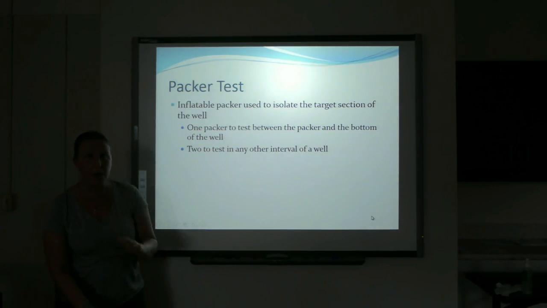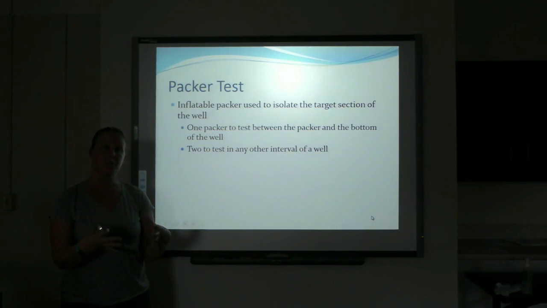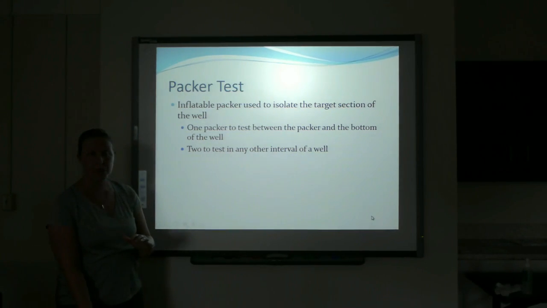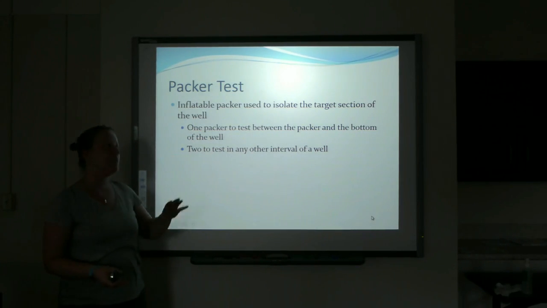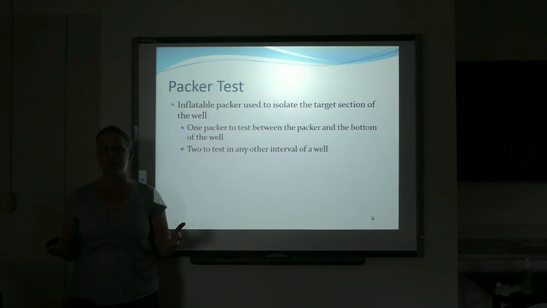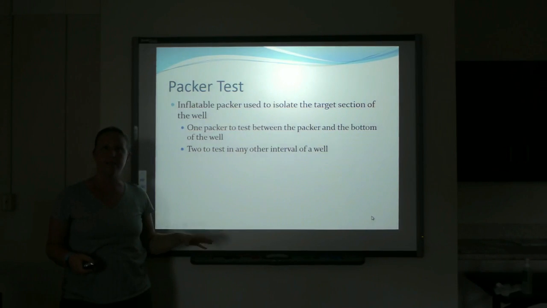If you're testing the bottom portion of a well, you use an inflatable packer with a pipe through it that isolates just the bottom portion. And if you're testing the middle of a well, you'll use two, one below and one above, and test in between them. This is going to be a similar setup to a slug test, but you're isolating parts of the bore so that you can really have a better understanding of what's happening at different depths.